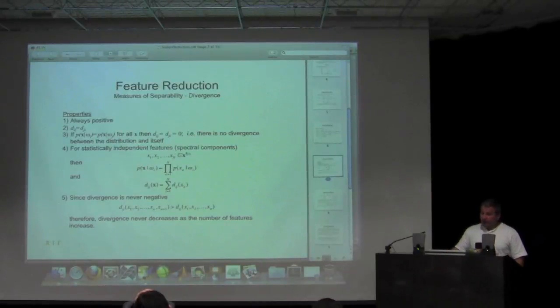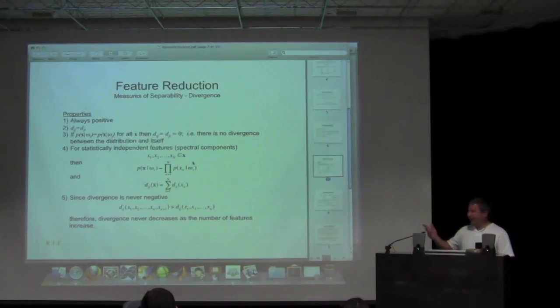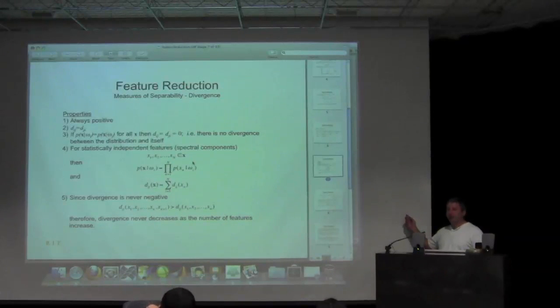If our features, our bands, are statistically independent from one another, meaning that each digital count is statistically independent from the digital count next to it, and in the case of a probability density function that's probably true. Spatially, that's not true. If you know the color of one pixel, you can make a pretty good guess at the pixel next to it, but that's not what we're talking about here.